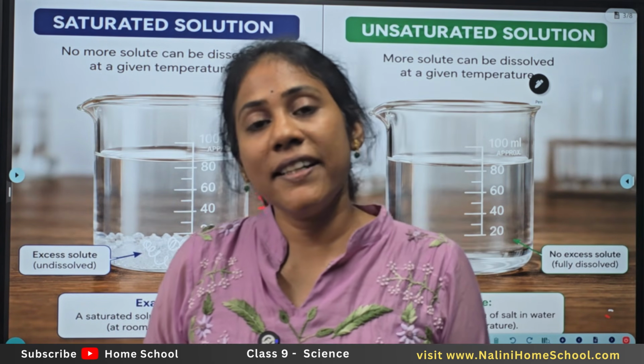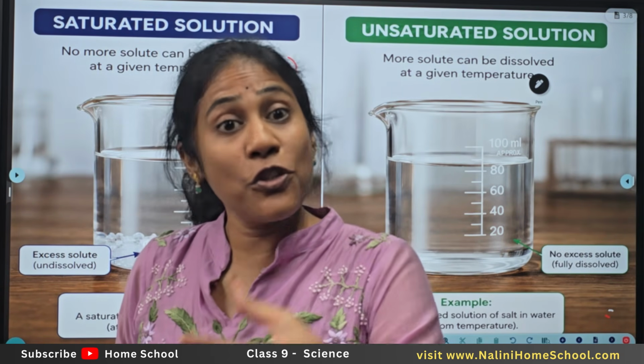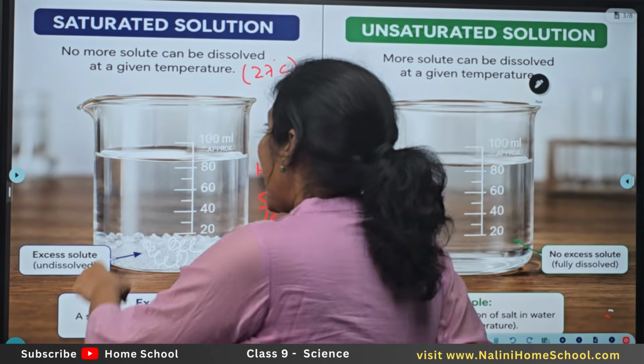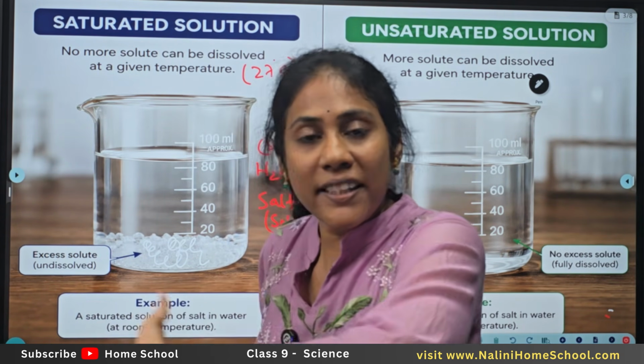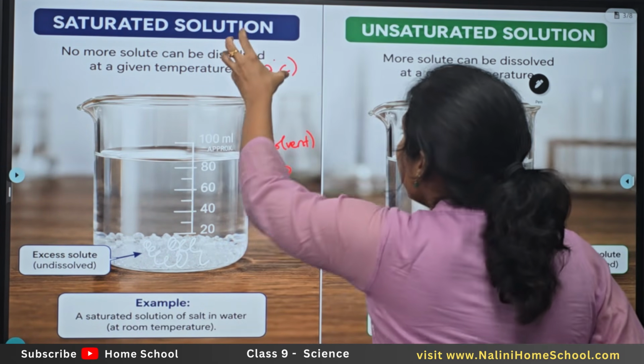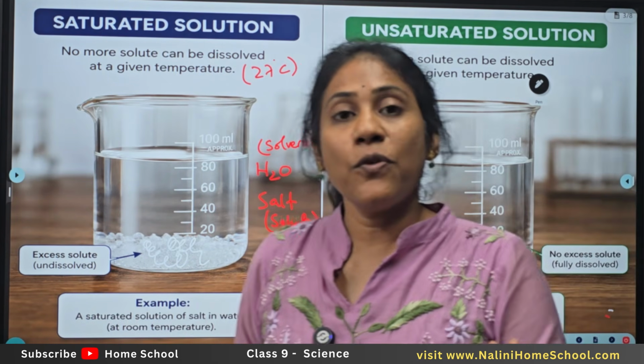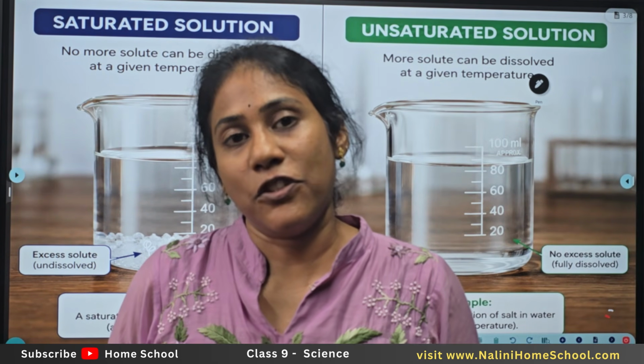So unsaturated means there is still a vacancy in a solution for a solute to get dissolved. Saturated means there is no further vacancy for a solute to get dissolved. Okay, at a particular temperature, at a fixed temperature. So this is what we mean by saturated and unsaturated.